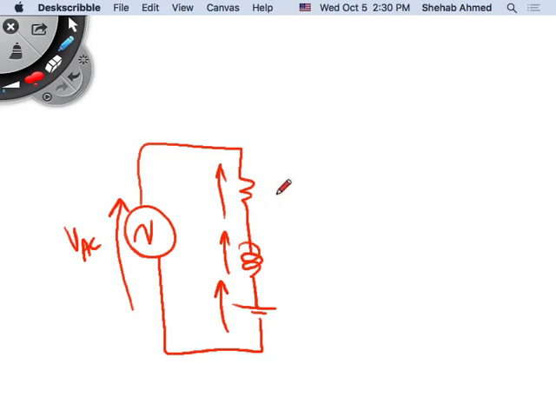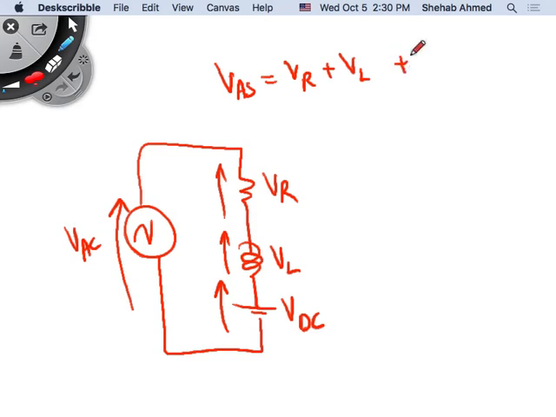V AC, VR, VL, VDC. So, VAC equal to VR plus VL plus VDC. VL is equal to V source minus VR minus VDC, right?